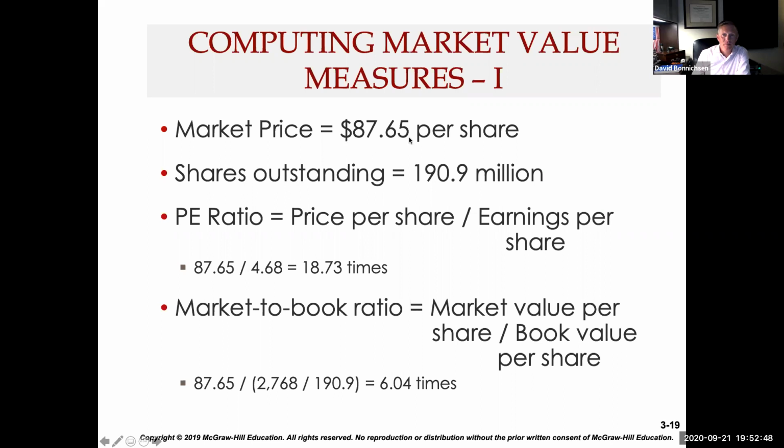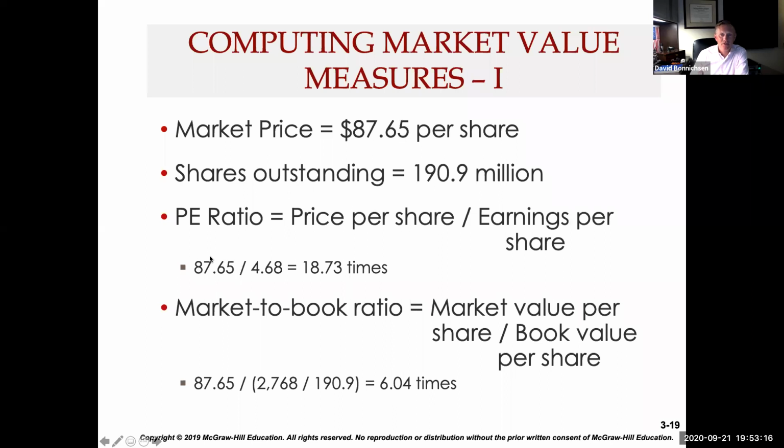Market price. Shares outstanding. We have net income of $893 million. $893 million of net income divided by 190.9 million shares gives us $4.68 per share of earnings. We have a market price of 87.65.